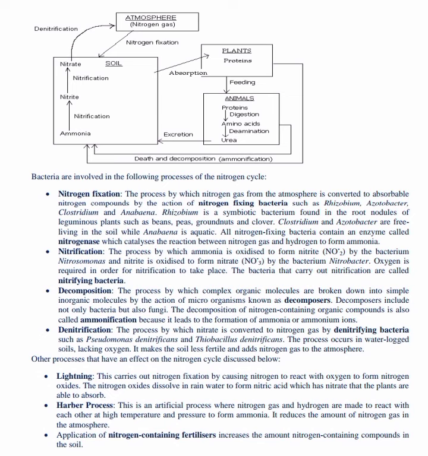So the decomposition of nitrogen containing organic compounds is also called ammonification. So when you come across the word ammonification, just know that it is the decomposition of organic compounds that contain nitrogen. Okay, so what we get at the end of decomposition is ammonia or ammonium ions.